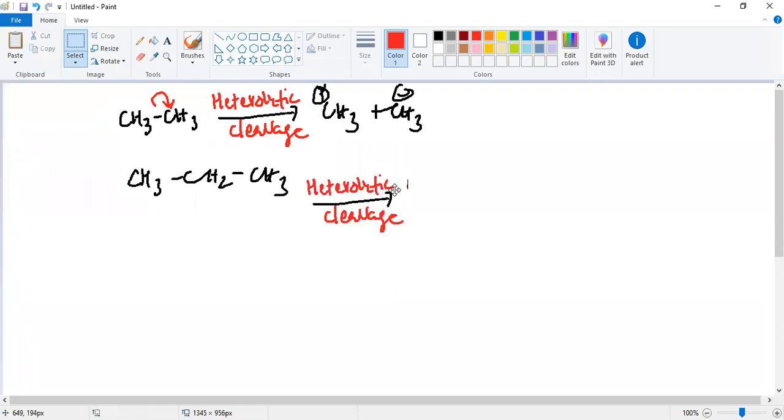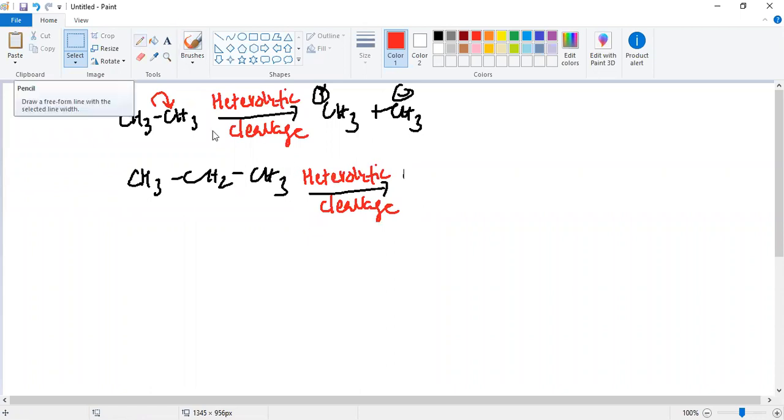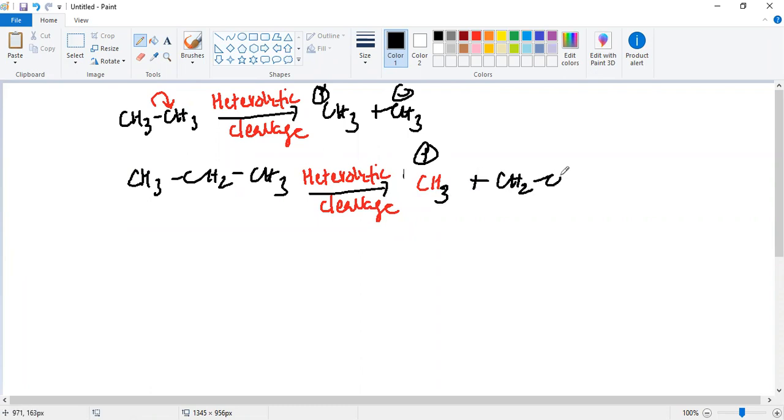When you have this heterolytic cleavage, you may have this CH3 plus, and then you may have CH2CH3 minus.